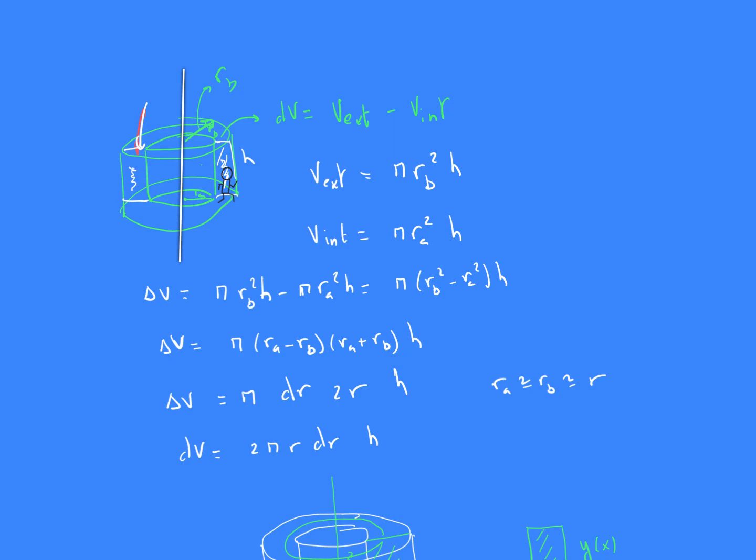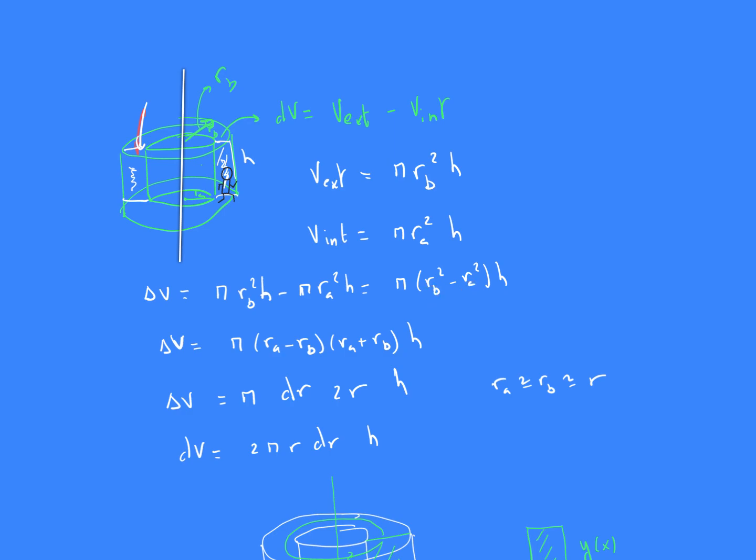So what is the volume that this guy generates when he rotates inside the object? The volume that he will generate is the external volume minus the internal volume, or, in other words, pi RB squared h minus pi RA squared h, or pi multiplied by RB squared minus RA squared, times h.